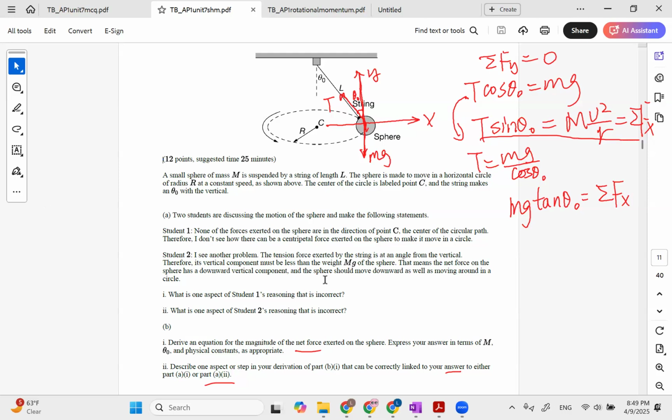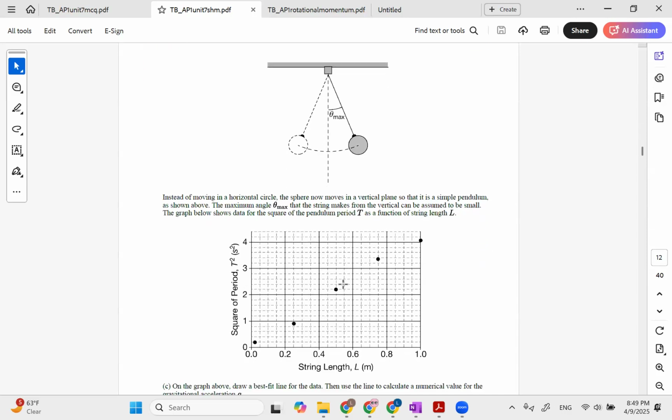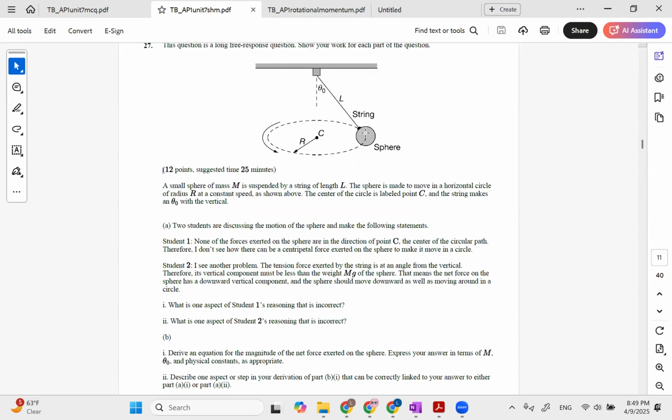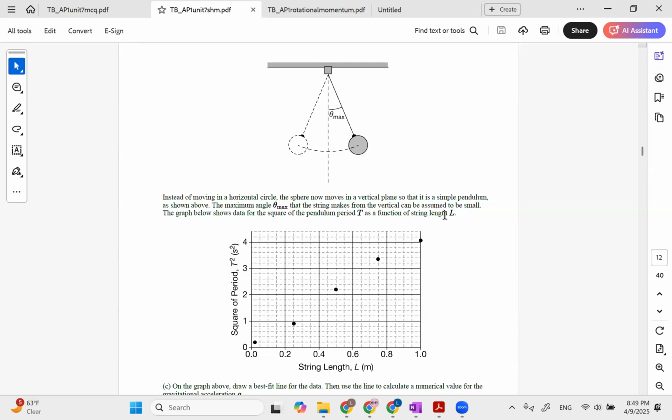Over here, this is the conical pendulum. Now it changed to a simple pendulum. You see the difference? Conical pendulum is doing a horizontal circle, but a simple pendulum just oscillates between those 2 points, A and B. This is your O. It's going back and forth here. Got it?